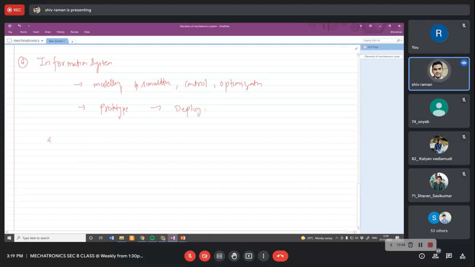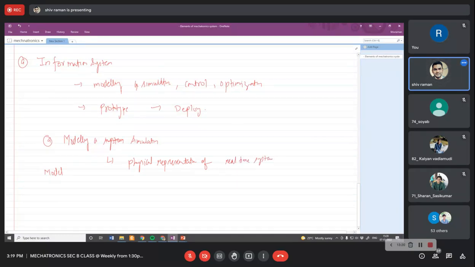If you consider modeling and simulation first, it has two components, modeling and simulation. A model is a physical representation of your real-time system.